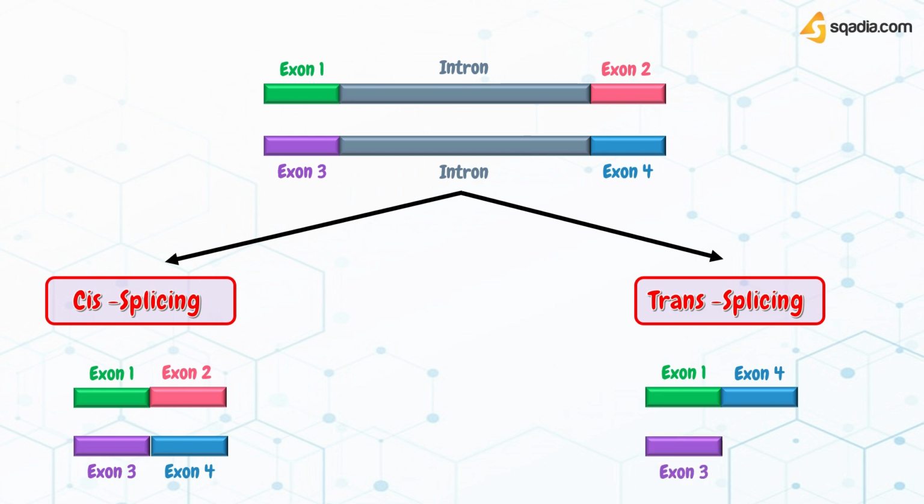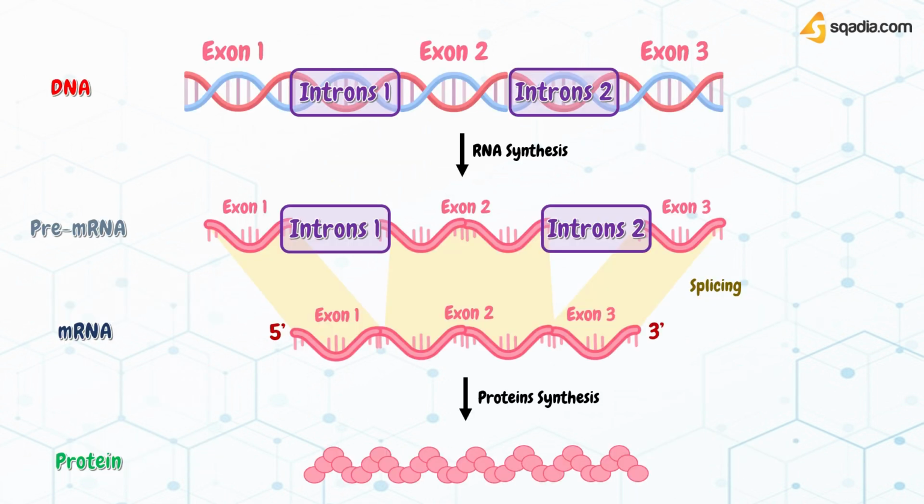Similarly, exon 3 from one RNA molecule joins exon 2 from the other RNA molecule. So we can say, in a process known as trans-splicing, sequences from different messenger RNAs are ligated together into a single molecule for translation. Now let's discuss the mutations in exon and intron.